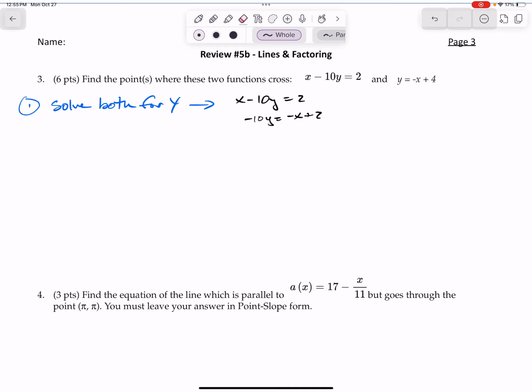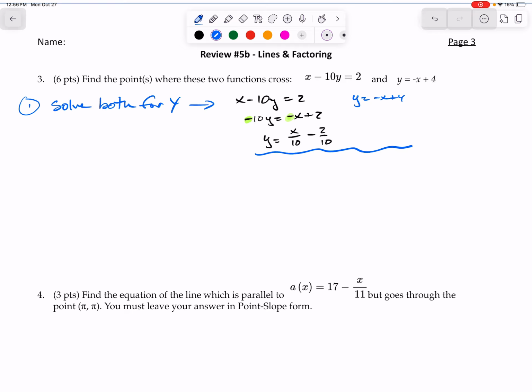So y equals x over 10 minus 2 over 10. Note that that's positive x over 10 because my two negative signs canceled each other out. The other equation, y equals minus x plus 4, is already written that way.